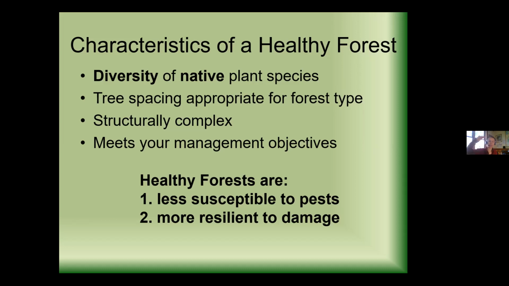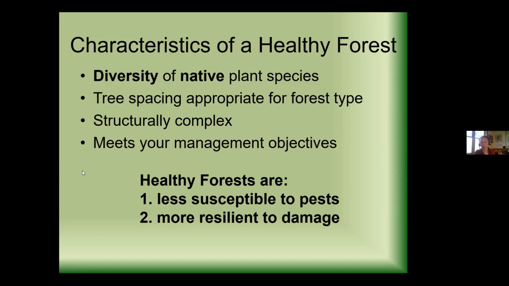I'm making motions to show you the vertical structure of a forest. To have a shrub layer, to have a large overstory, and to possibly have a seedling layer when that's appropriate.